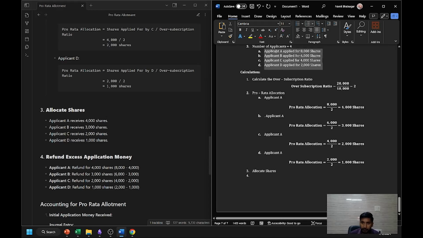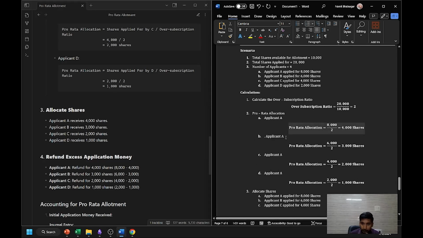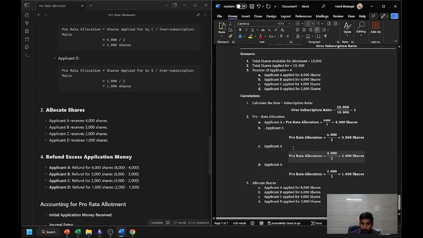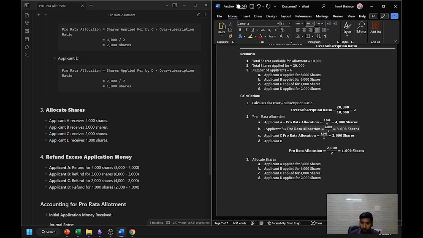In this case, applicants A, B, C, and D will get the shares.